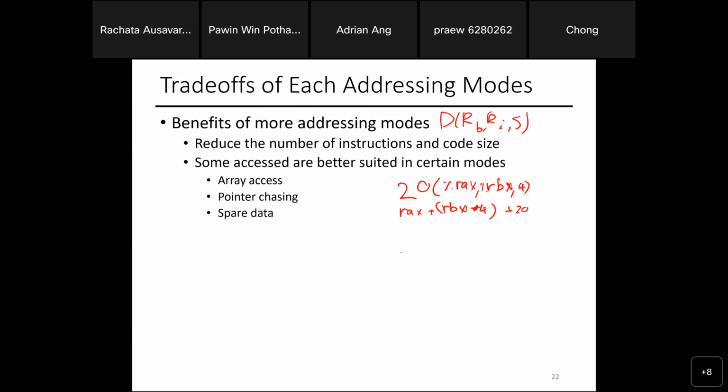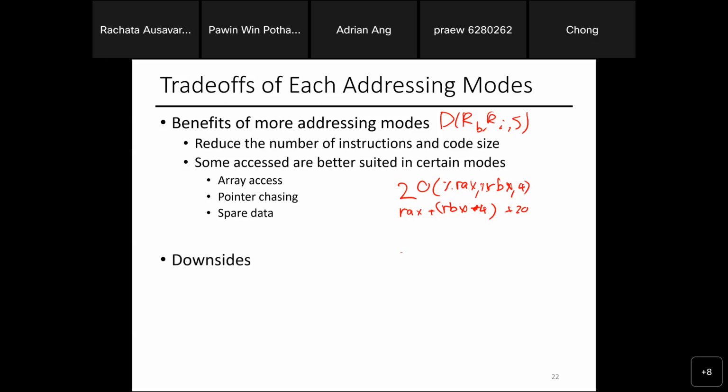Then you go 4 at a time: base plus 4, base plus 8, base plus 12. So the scale 4 usually means that the size of your data is that big. Then RBX is the index from the base. And RAX, in this case, is the base where the pointer starts.